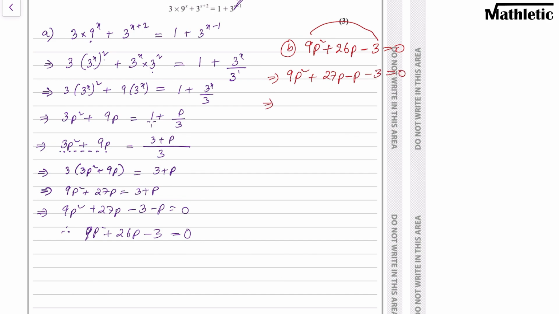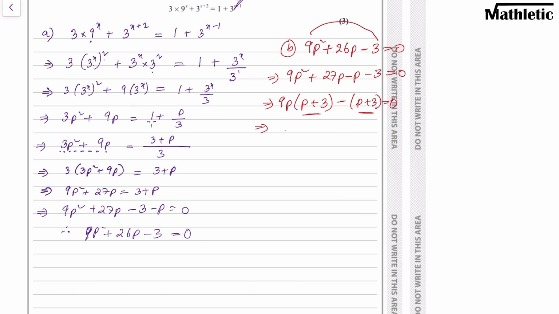So from the first two terms, I will just select 9p to factorize this, so you get p plus 3, and minus 1, so p plus 3.